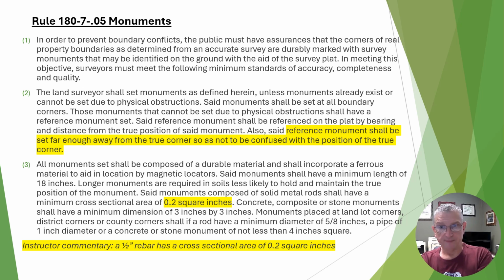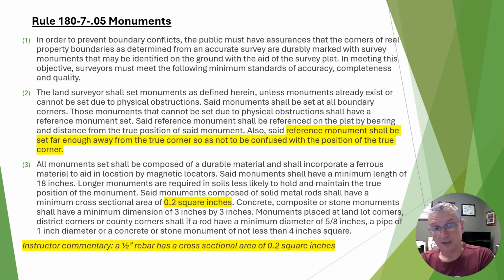Said monument shall have a minimum length of 18 inches. Longer monuments are required in soils less likely to hold and maintain the true position of the monument. So if it's in some soupy, marshy soil and with an 18-inch pin, the last lick knocks it out of sight and you can't see it, common sense should tell you, use a longer monument. You know, keep a 3 or 4 footer in the back of the truck for just those type situations.